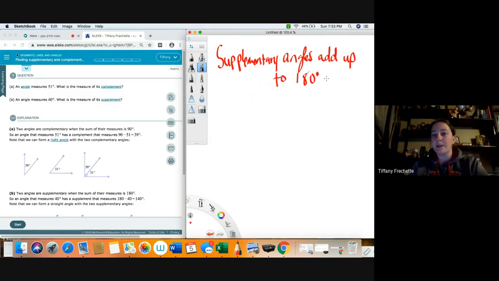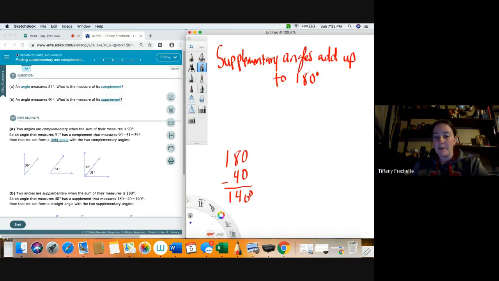So if they're supplementary angles, they add up to 180 degrees. For this example, one of the questions, B, says an angle measures 40, what is the measure of its supplement? Well, if they add up to 180 degrees, and the angle it's giving me is 40, then its supplement would have to be 140 degrees. So the answer would be 140 degrees.